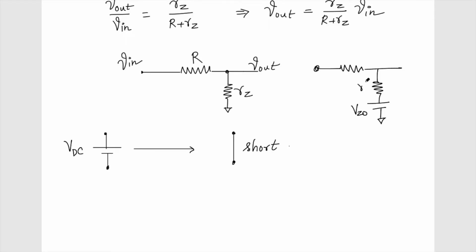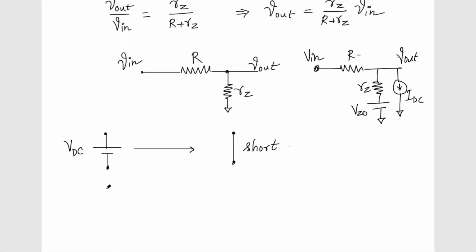So I have my Vz0, Rz, R, and you can add an IDC and try to find out the differentiation of this V out by V in, right? What you'll observe is that this IDC will become an open circuit.